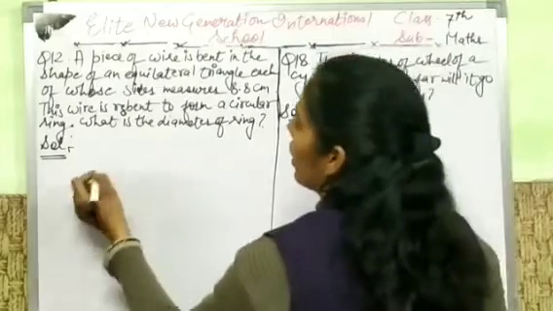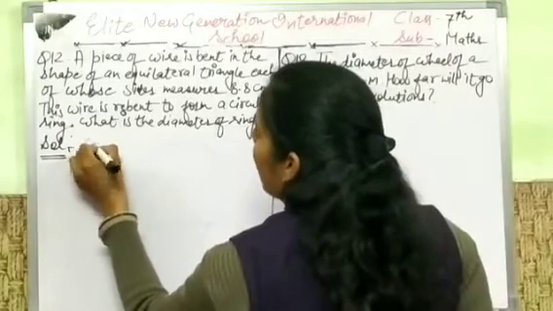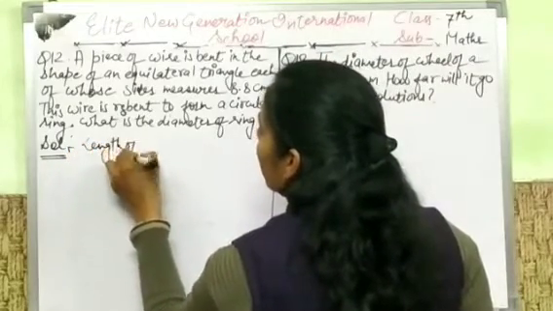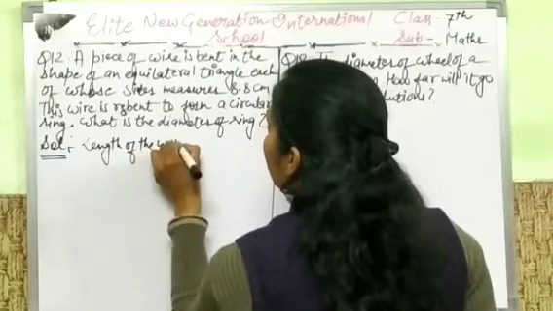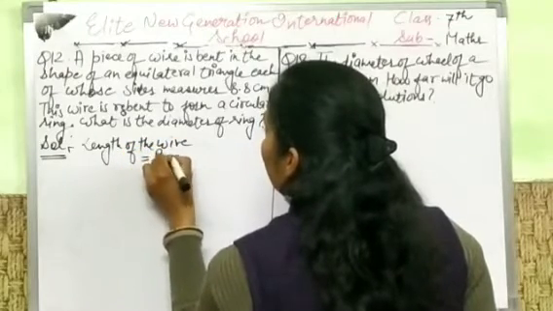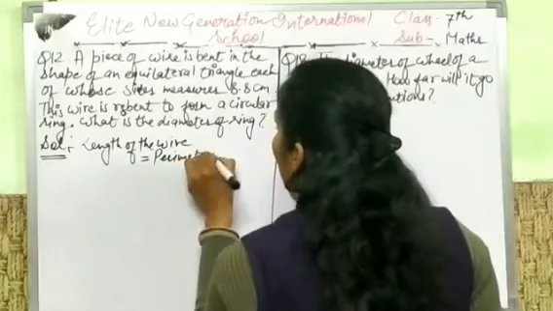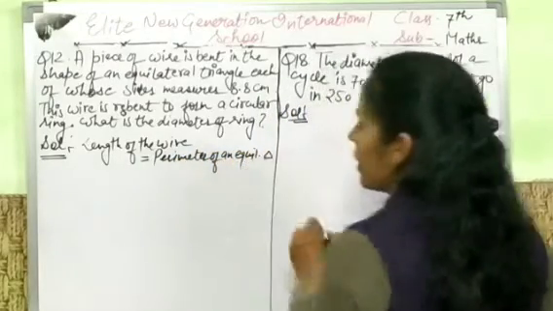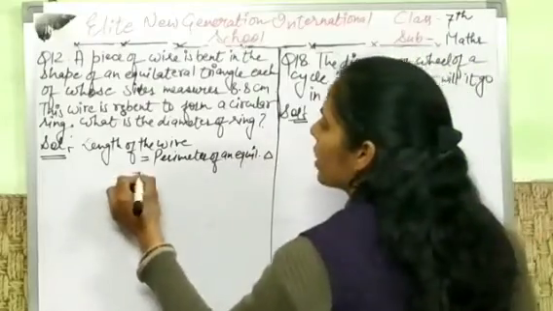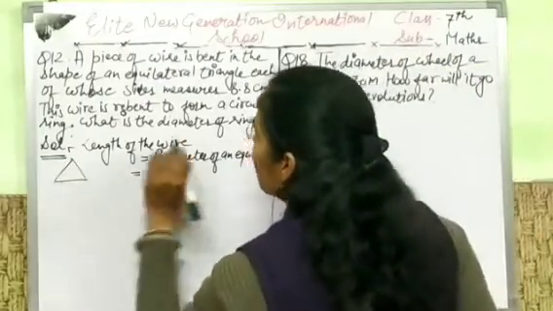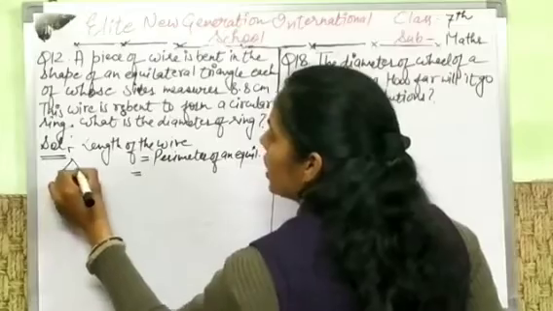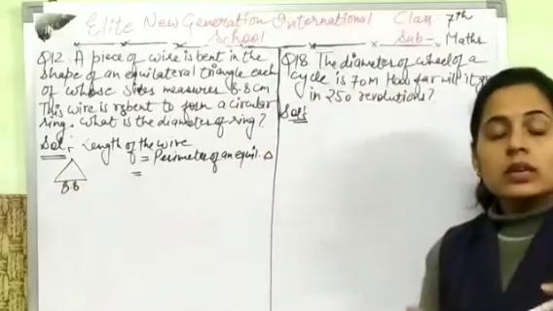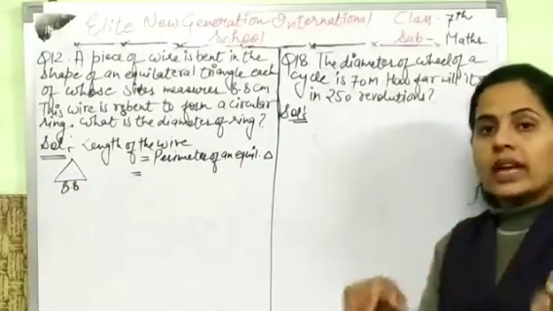So first of all, here we can write the length of the wire, which will be equal to the perimeter of an equilateral triangle, right? Because this one is the equilateral triangle, and one side is given, 8.8 centimeters. The perimeter is the boundary line, the length of the boundary line.